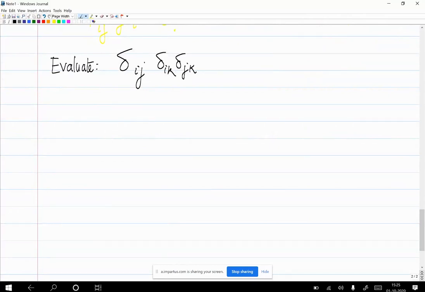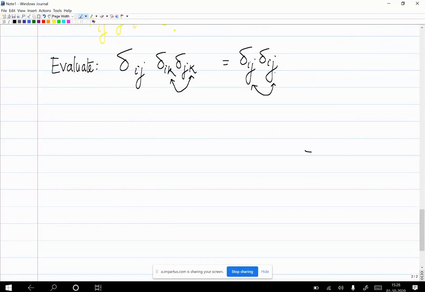So we know what is the job of the Kronecker delta function. So think of, for example, this repeating index. Kronecker delta simply replaces the repeating index with its other index, that is j here. So this becomes delta ij into delta ij, isn't it? And then one more time, you have this repeating index j.